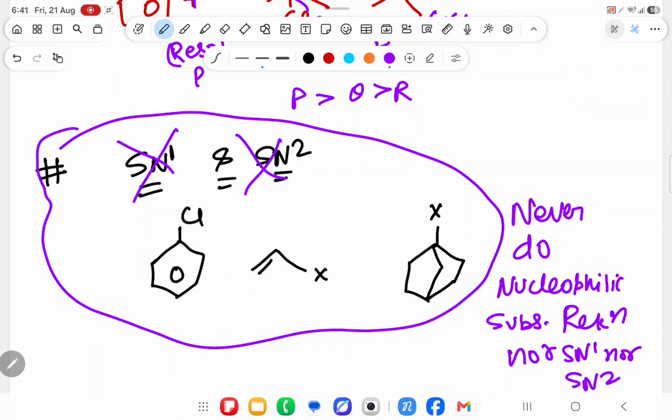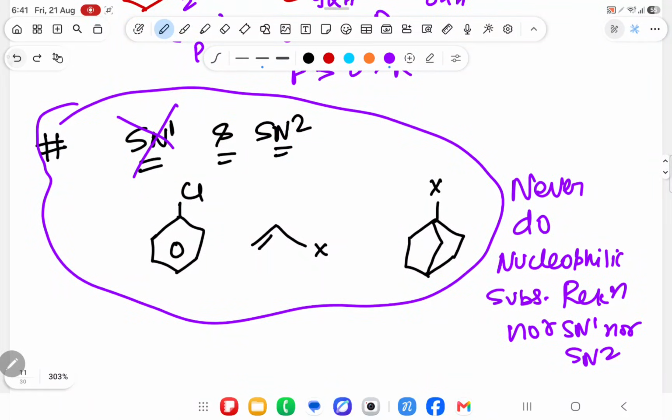Nothing it will do. Why, sir? Because this has some partial double bond due to resonance. It also has some partial double bond due to resonance. And this is a bridge carbon.